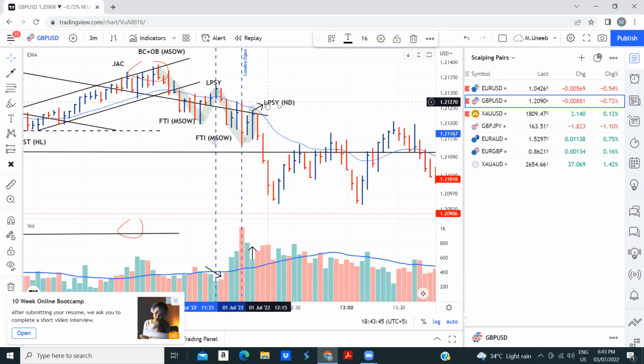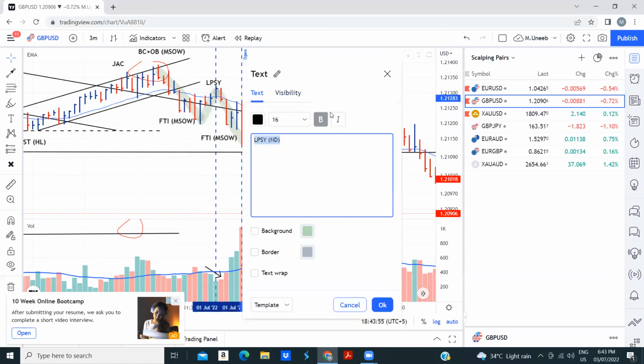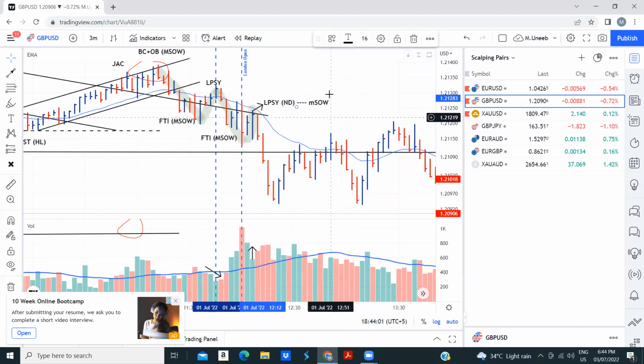Okay. This LPSY is what? After London Open. We only take the entry after London Open, the test here. This is our entry here. Okay. So this no demand, can we call it a minor sign of weakness? Remember that the major sign of weakness will be represented with a capital M. Okay.